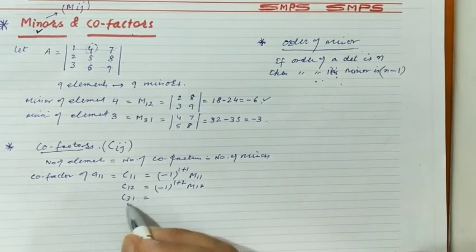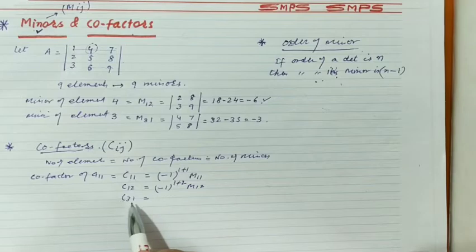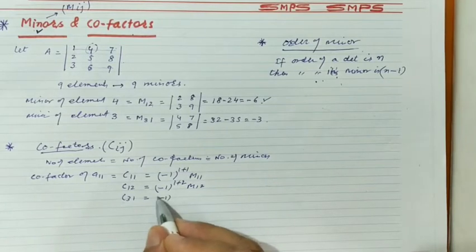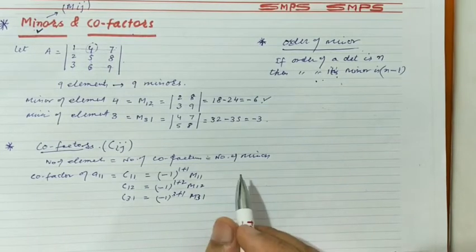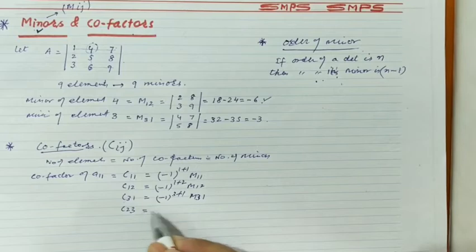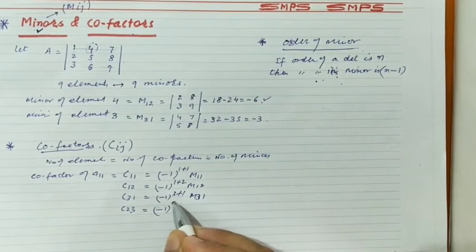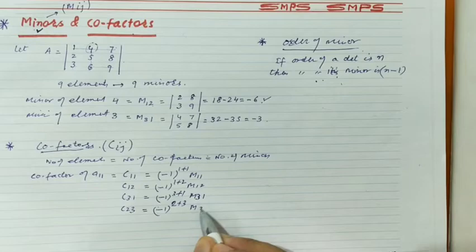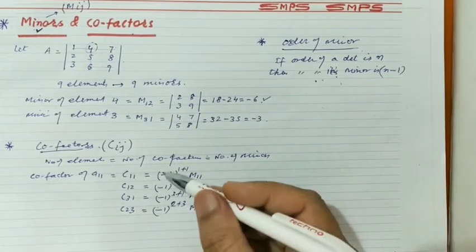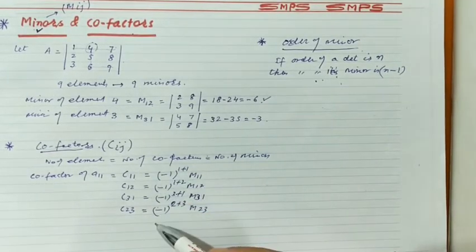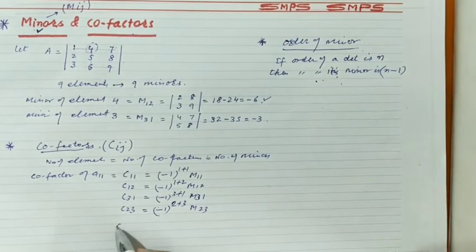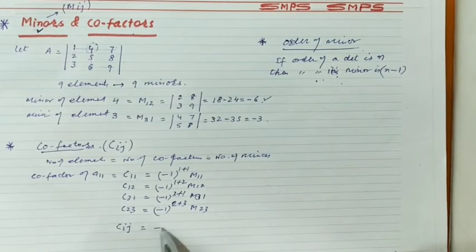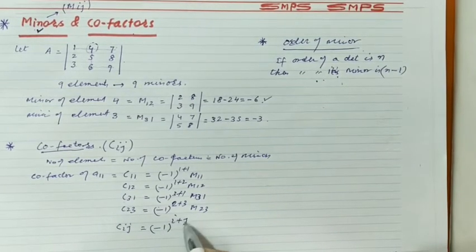Suppose you want the cofactor of element A31: C31 is minus 1 to the power 3 plus 1, M31. For C23, it is 2 plus 3, M23. By this logic, we can make a formula to find the cofactor.